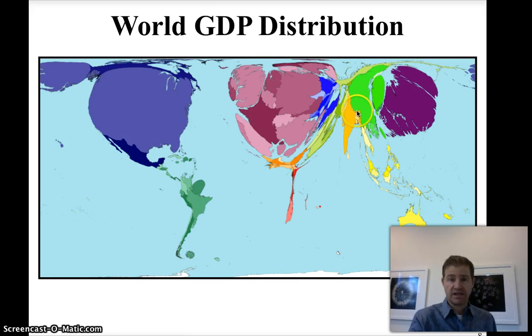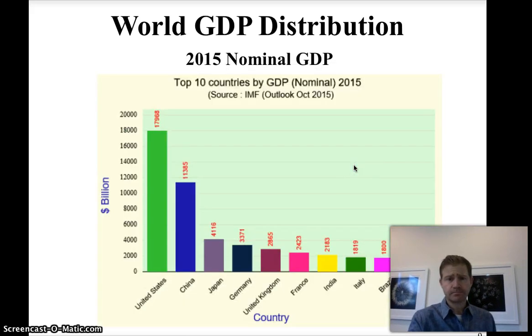Here you can see India, and so forth. So if we just take the 2015 nominal GDP, again in 2015 dollars, you can see now that the discrepancy is quite big. This is why we are considered the richest country on earth.